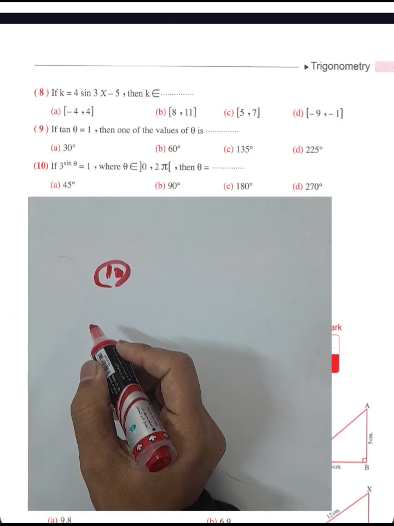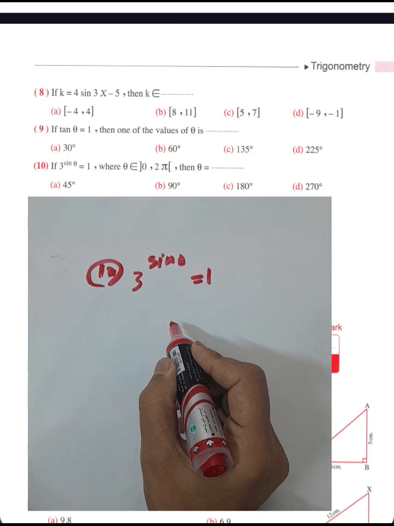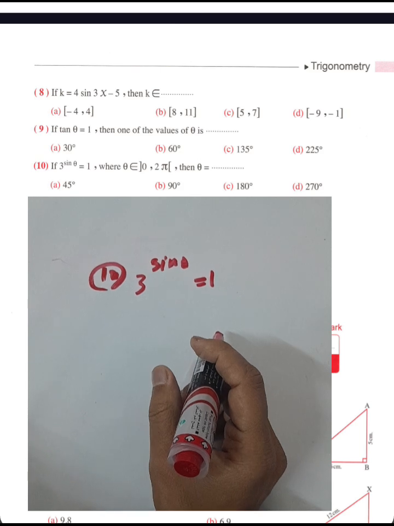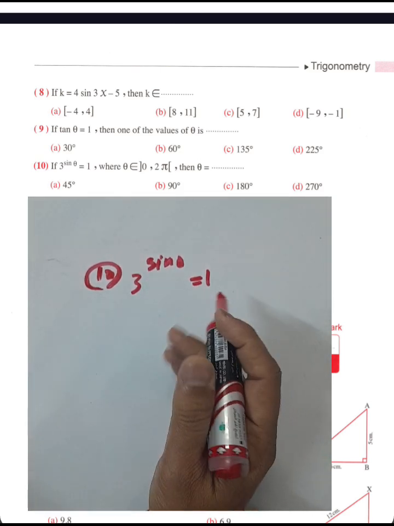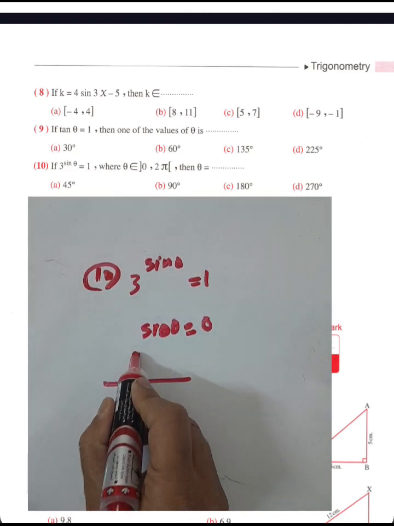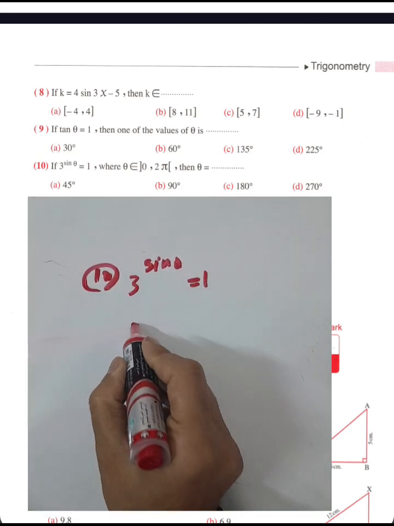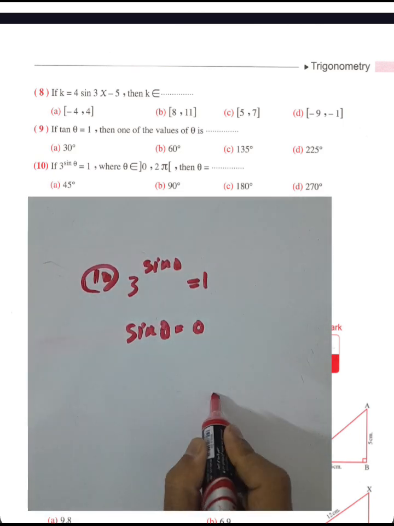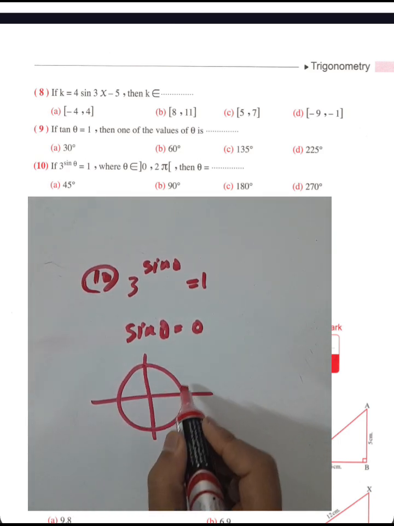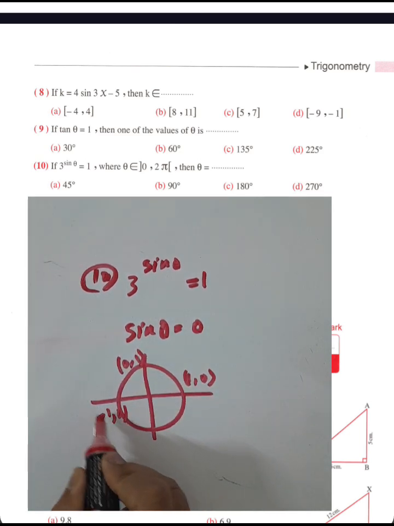If 3 to the power sin theta equals 1, where theta belongs to 0 and 2 pi, which is 360. We know 3 to the power 0 equals 1, then sin theta will be 0. Sin theta equals 0 from the unit circle. Here we have the points 1,0; 0,1; negative 1,0; and 0,negative 1.